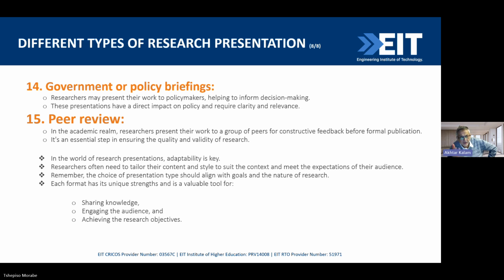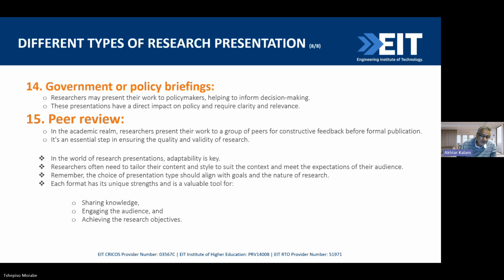Because there your own colleagues will give you a better review. When a group of peers provide you with constructive feedback, that feedback is so useful. This is essential because it ensures that your research is of quality and is valid.